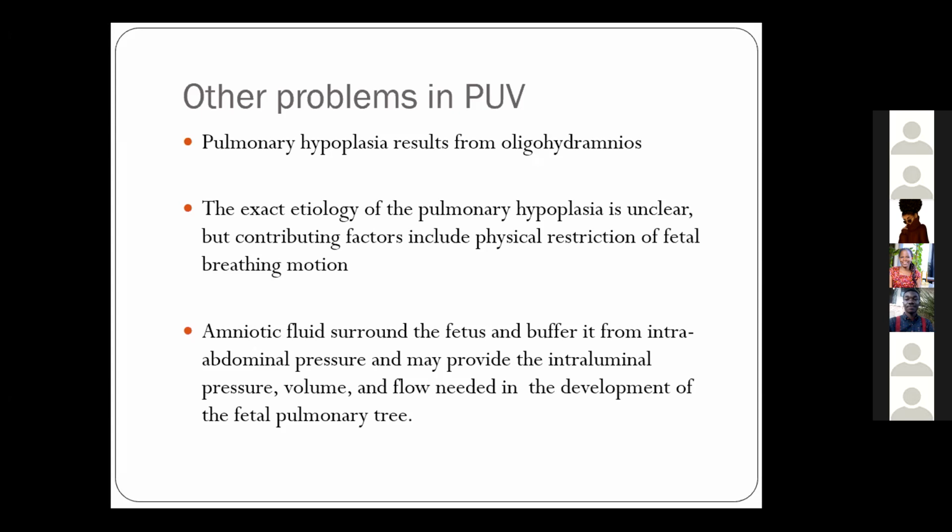So the cause is unclear, but it's thought to come from the oligohydramnios. And like we had said earlier on, pulmonary hypoplasia is the worst, like the most severe problem these children will have.